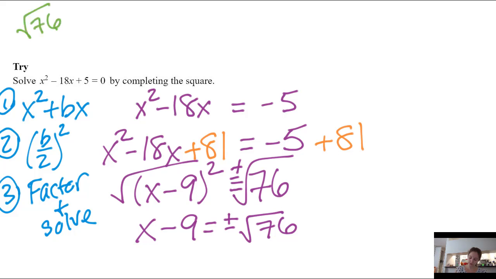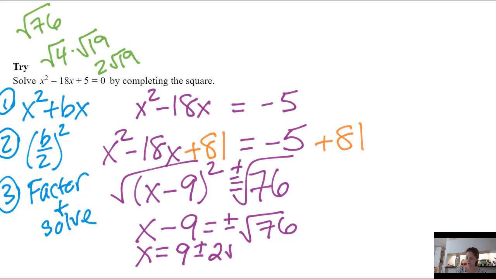Radical 76, I'm going to simplify, is the same as radical 4 times radical 19, which is 2 radical 19. And so now I have x is equal to 9 plus or minus 2 radical 19. That's my answer.